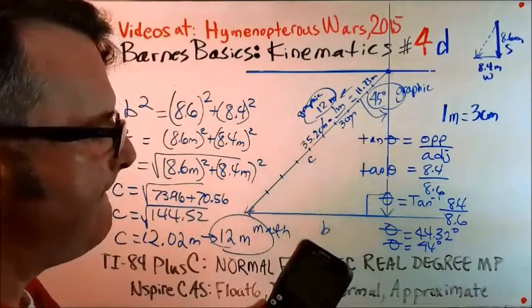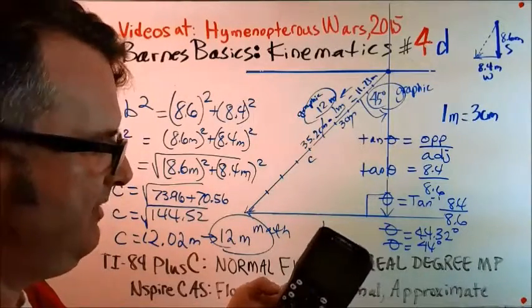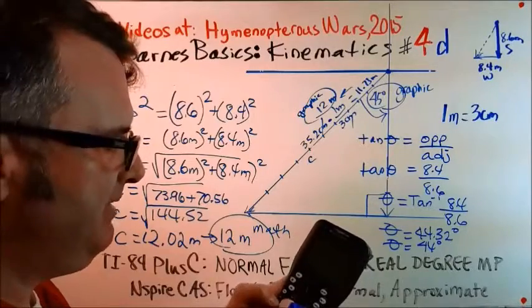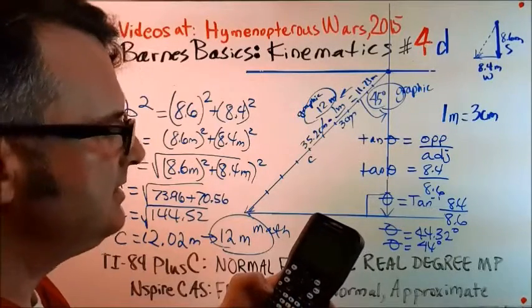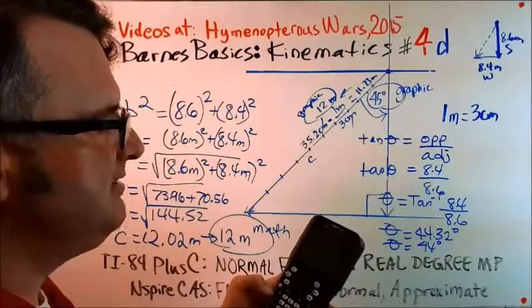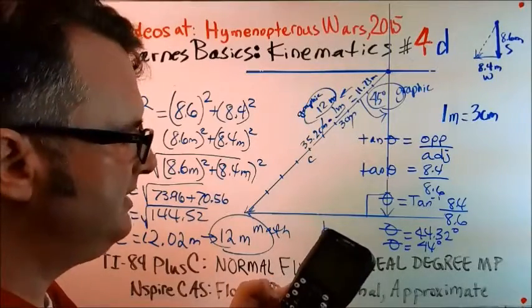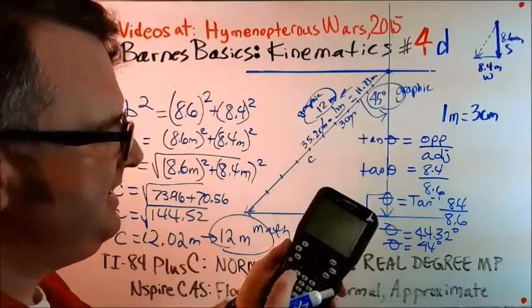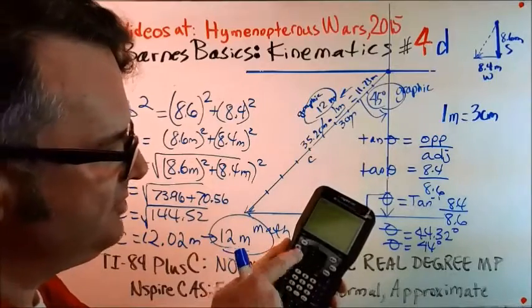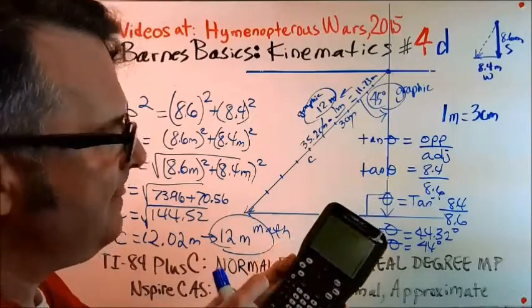On the TI-Nspire: Home. 8.4 divided by 8.6. Enter. 0.97674. Perfect. It's a little bit different on the TI-Nspire.